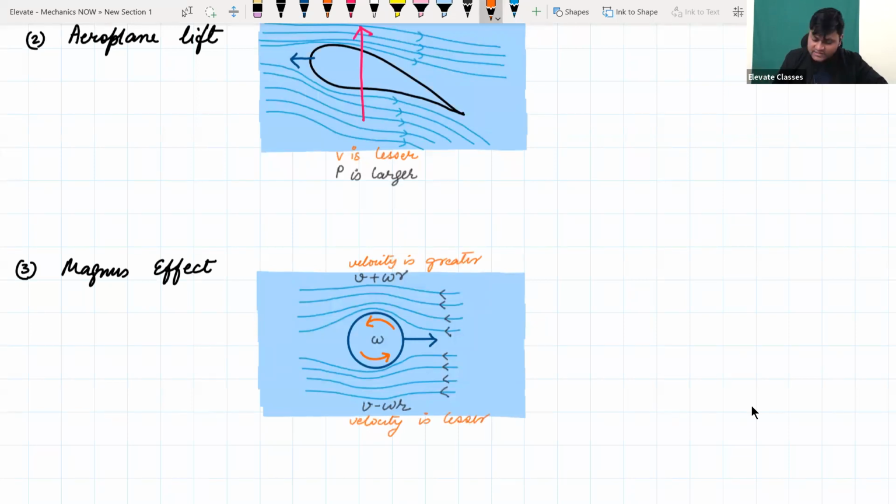Lesser velocity is associated with what? Greater pressure. So therefore the ball will experience some kind of a push in this direction. So effectively ball क्या होगा, ball will start traveling like this. ये बॉल का जो ट्रैजेक्टरी होगा वो इस तरह से होगा, ना, बॉल का ट्रैजेक्टरी will be something like this. Effective trajectory of the ball.